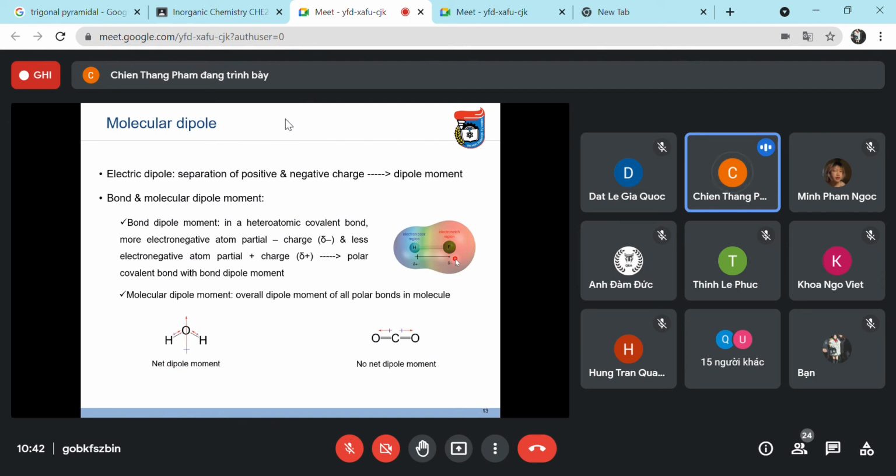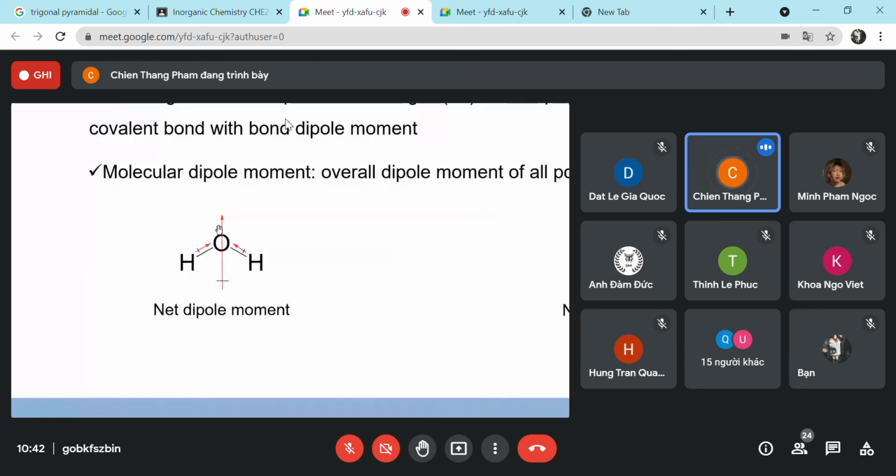Okay, and now from the dipole moment of each bond, we can determine the overall dipole moment. For example, let's consider the water molecule.